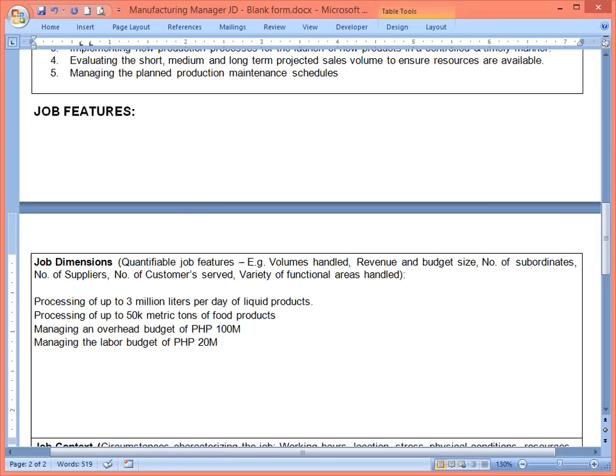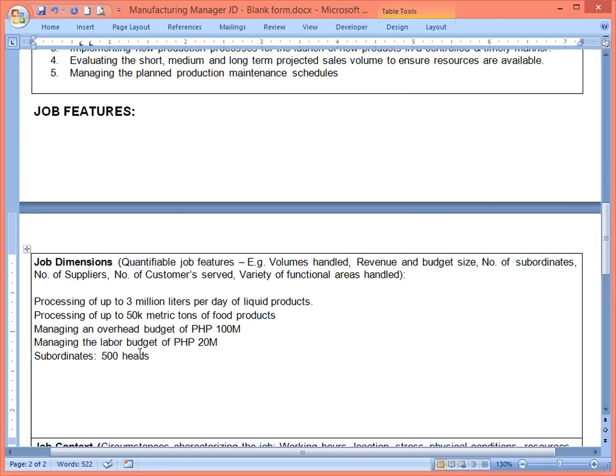Okay. Then we go to subordinates. How many subordinates do you have? How many people are working under your area of responsibility? You have to manage these guys. Let's say 500 heads. Your head count is 500. Then we'll also include, see here, job dimensions, quantifiable job features, for example volumes handled, revenue, budget, number of subordinates.